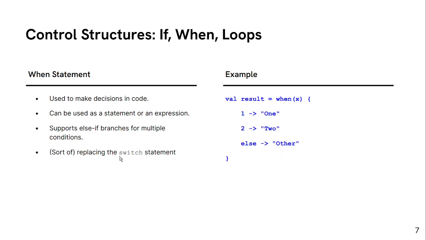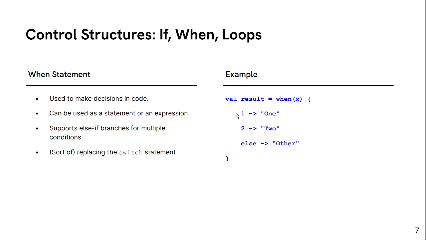Although it does not cover all the usage scenarios of the switch, it can be used for replacing the switch, especially for the frequent or common usage of the switch: just matching cases.